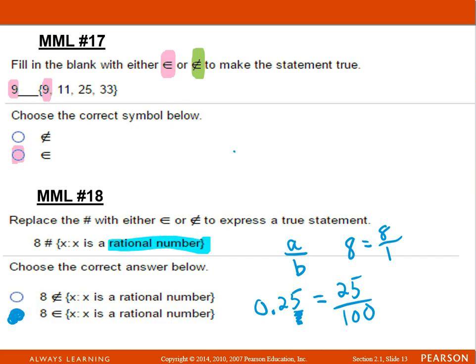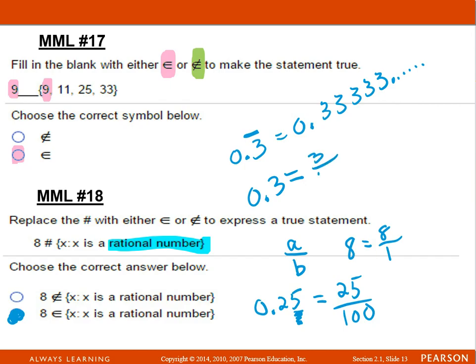And then also, believe it or not, repeating decimals like 0.3 with a bar on it. Remember that really means 0.3333333 and so on. If I had said 0.3 and it terminated, that would be 3 over 10. But when you say 0.3 repeating, that is actually 3 over 9.